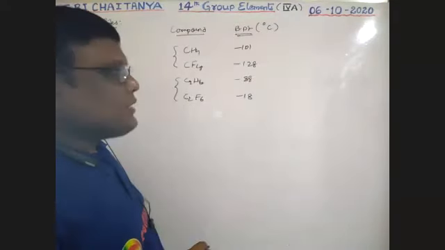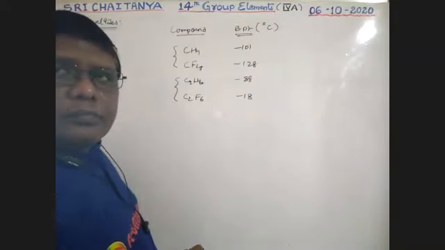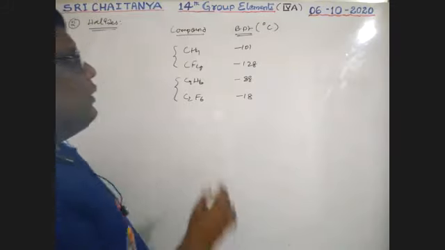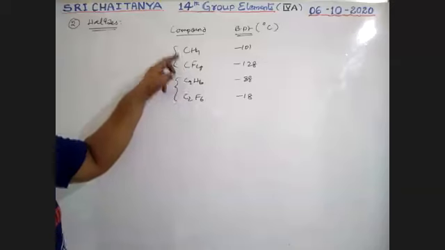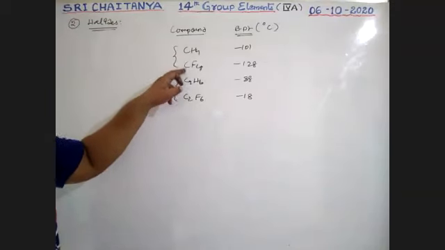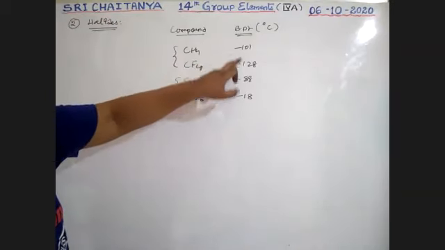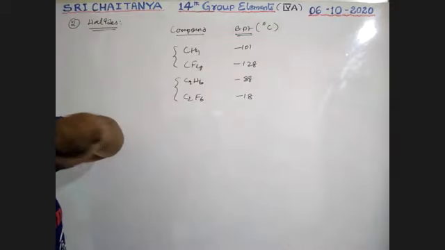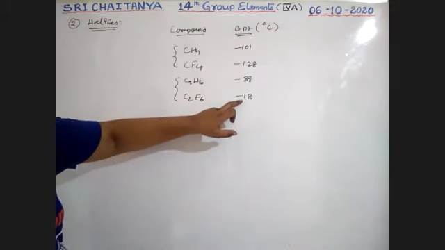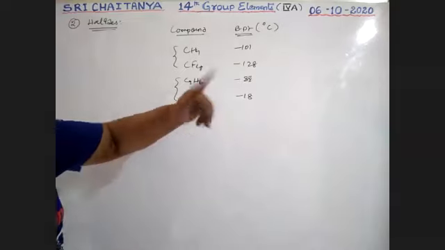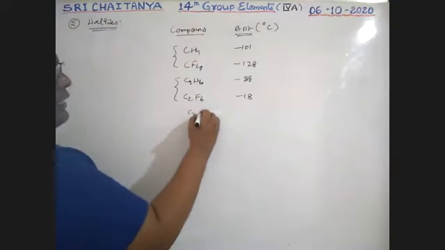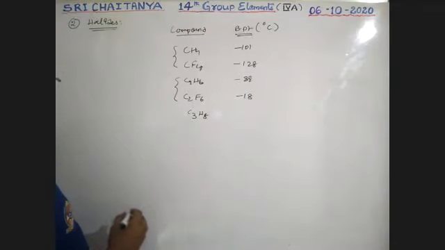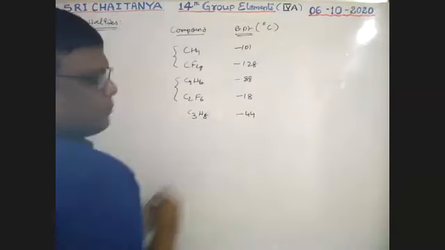Among CH4 and CF4, the boiling point of methane is greater than that of CF4. But here, the boiling point of C2F6 is more than that of C2H6. Reverse case applicable. Next, C3H8. It has a value of minus 44.